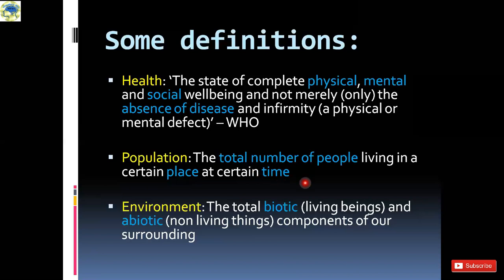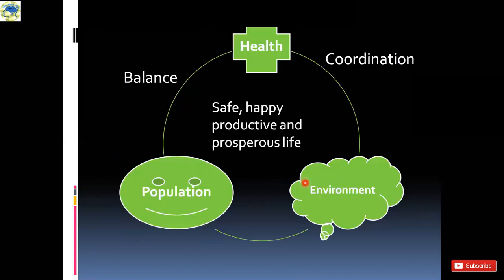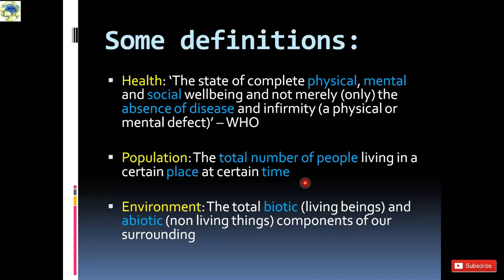For example, when we tell the population of Nepal, we have to tell the total population of Nepal is 2 crore something, according to 2058 BS census. So in this way, when we tell about population, we must tell about the place and time.